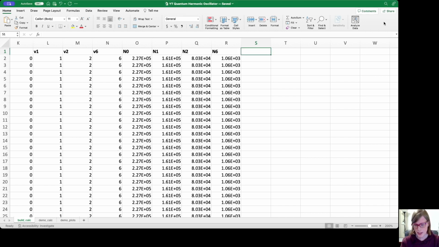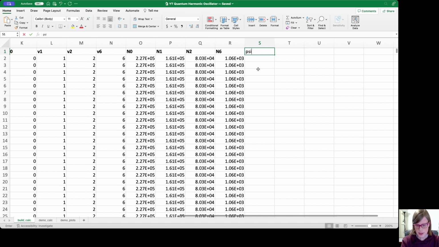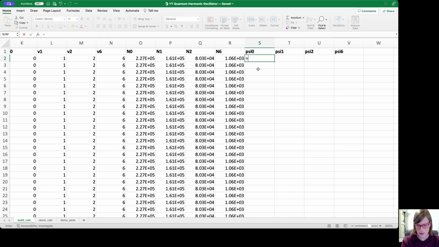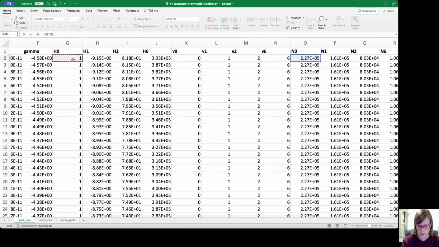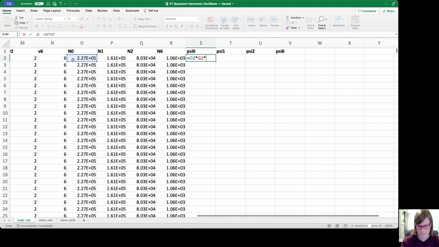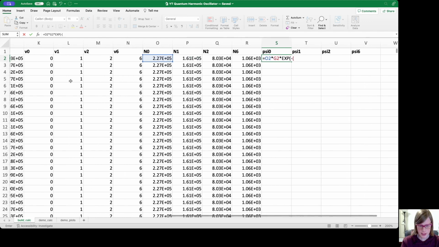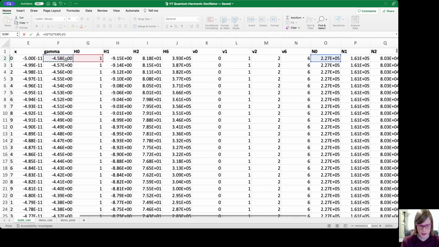Okay, so now's the time to actually make the values of the wave function itself. Very, very exciting. I'll call these columns psi0, psi1, psi2, and psi6. And this is going to be equal to n0, the normalization factor, times the Hermite polynomial, times exp of negative gamma squared.